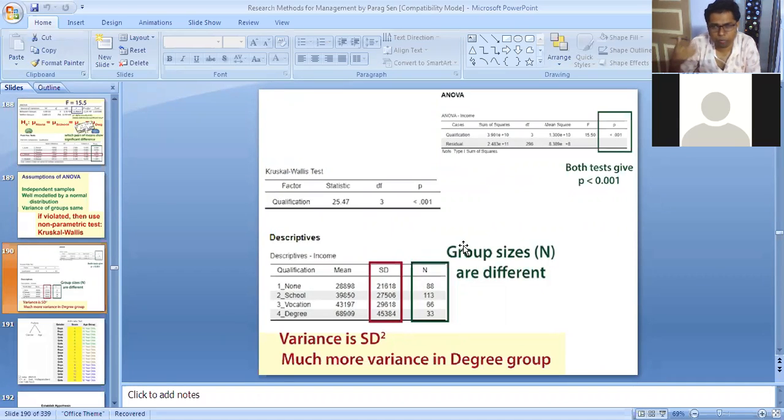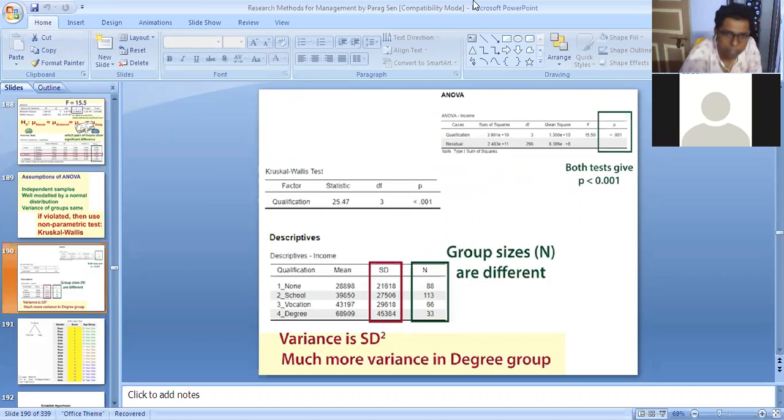If you find that ANOVA is not applicable, then instead you can perform the Kruskal-Wallis test. But we have seen that in most cases ANOVA and Kruskal-Wallis give the same result.